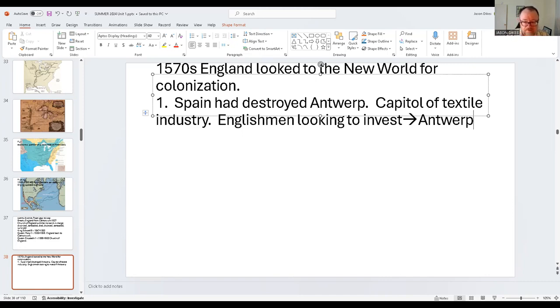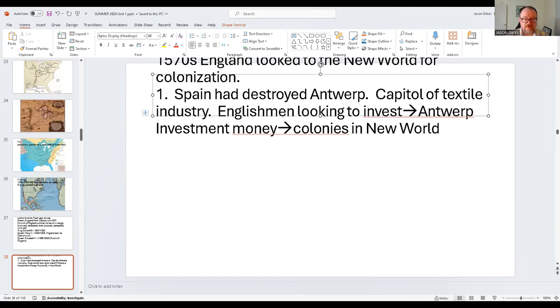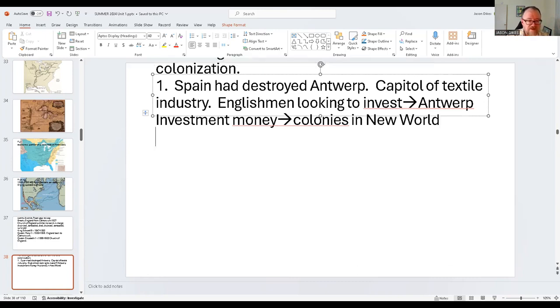You might invest in that company. The problem is that Antwerp is now a smoking hole in the ground. And so a lot of that investment money isn't going to go to Antwerp. It's going to go to colonies in the New World. Okay, so that's reason number one. We got a lot of investment money and we got no place to invest it. So it's going to go to the New World.